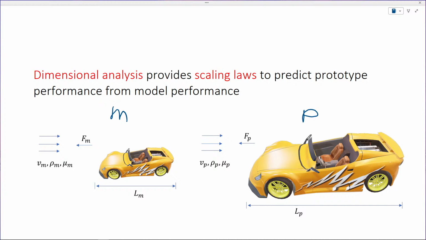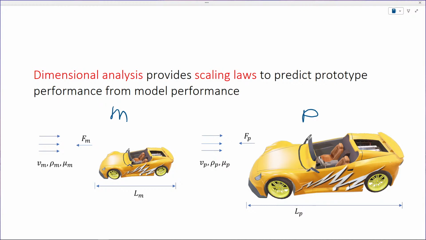We want again to estimate the drag force of the prototype. The drag force will be a function of velocity of the prototype, air density, and air viscosity in that case. And similarly for the model.